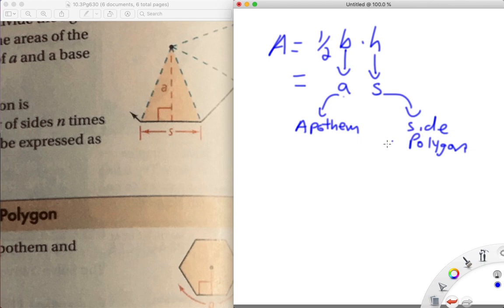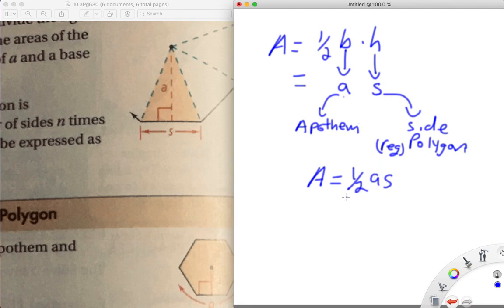It's still a triangle. It still works. So when we do the area of the triangle of a regular polygon, we go 1/2 A times side. But we're not done.